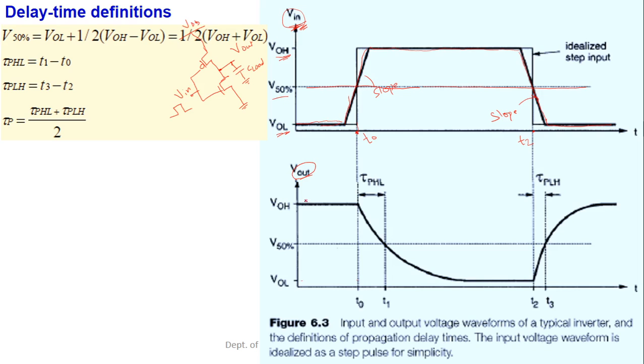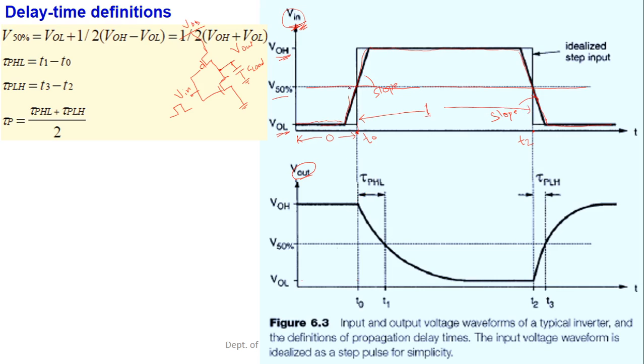We had seen earlier the ideal fall and rise of the output signal, but practically, before t naught, we'll assume that the signal is 0, and between t naught and t2 the signal is assumed to be high.